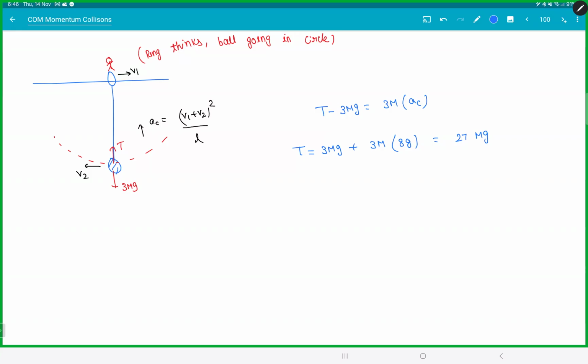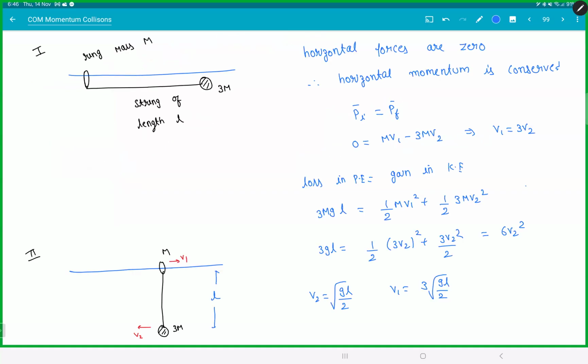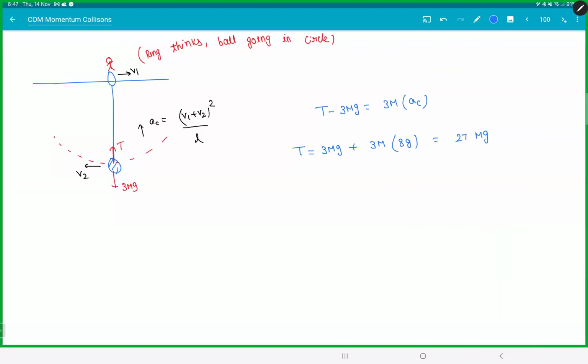I hope you're getting the hang of this question. So be careful when you see something going in a circle. It should always be with respect to that center. Clear with this? Perfect. Next thing.